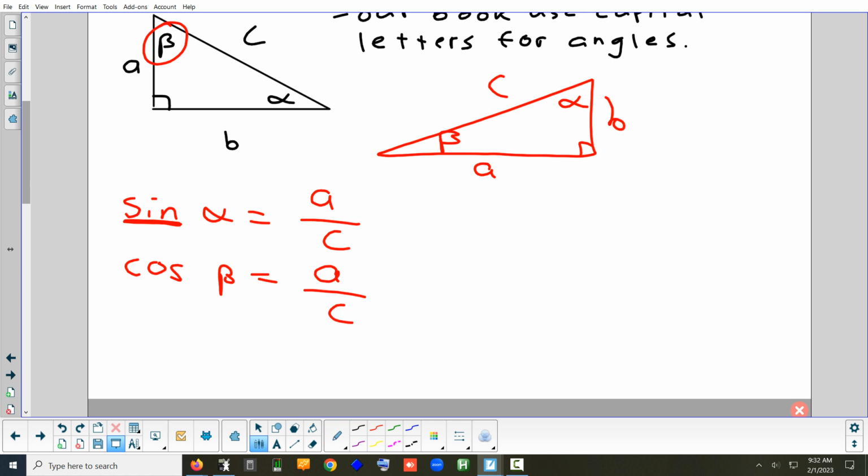What do you notice about the sine of alpha and the cosine of beta? They're the same thing. And it's because I made this problem up in a very specific way. I put the word co in front of this, and I took the angle here and found its complement.